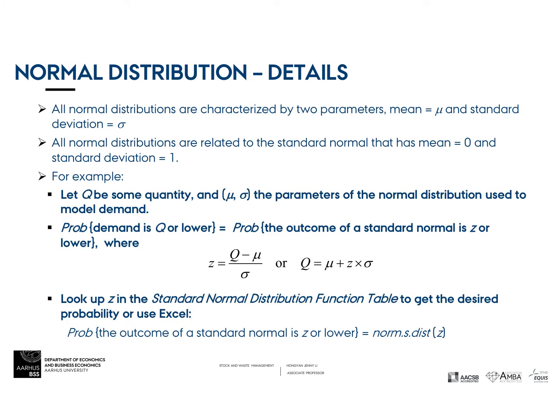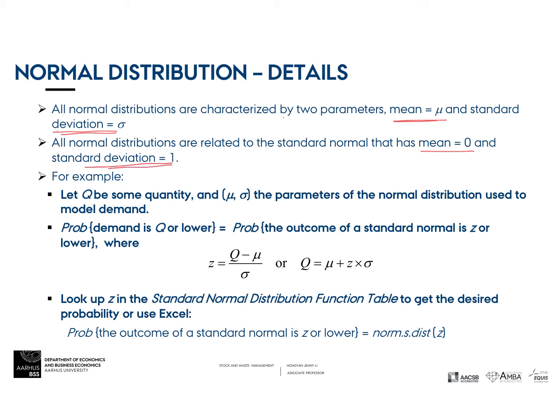Now we see a little bit more detail about the normal distribution. All normal distributions are characterized by two parameters, mean and standard deviation. That's probably common knowledge. And all normal distributions are related to the standard normal, which has mean 0 and standard deviation 1.